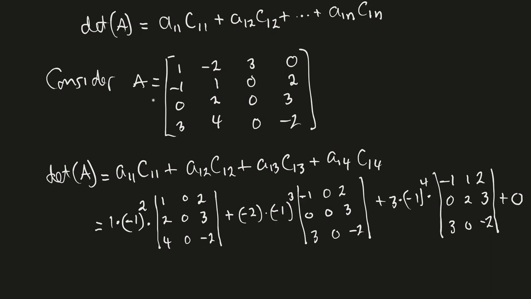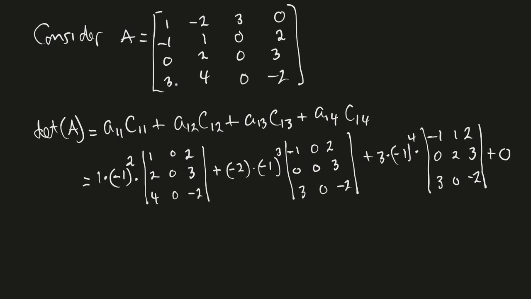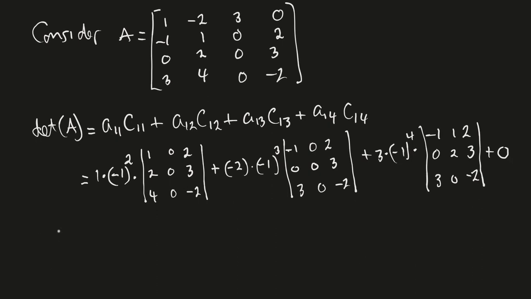In other words, we don't have to use the first row. Even though that's how it's defined, there's a theorem that states we can use any row or column to do our expansion. Let me write down the theorem, and then we will come back and apply it to this matrix. So here's our theorem.